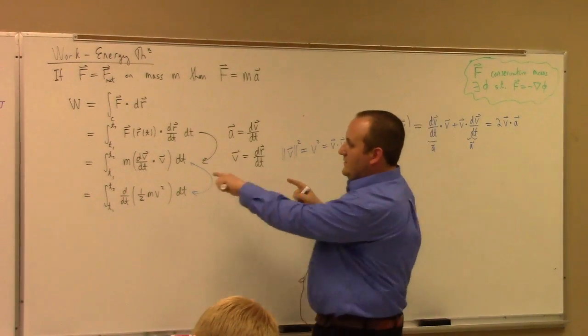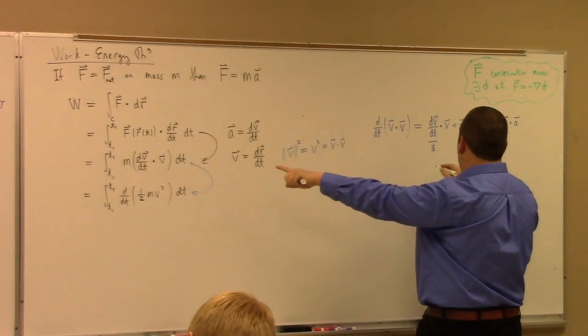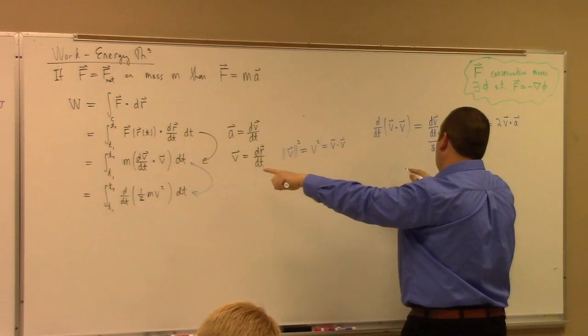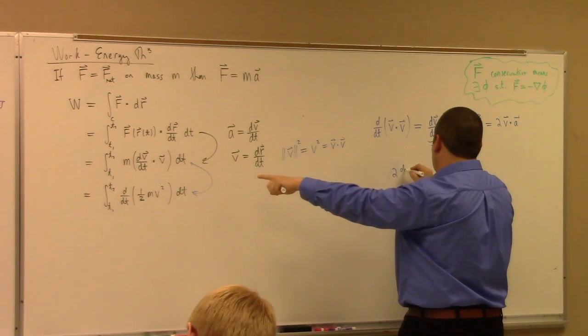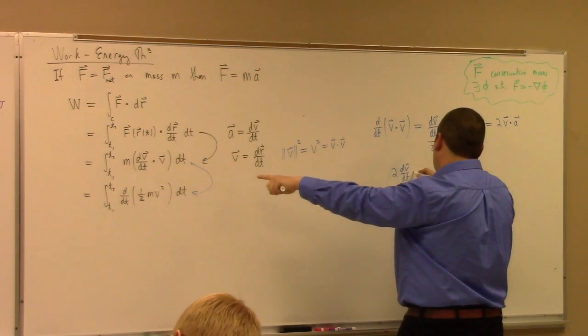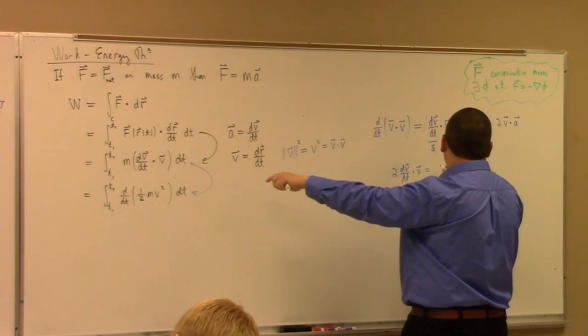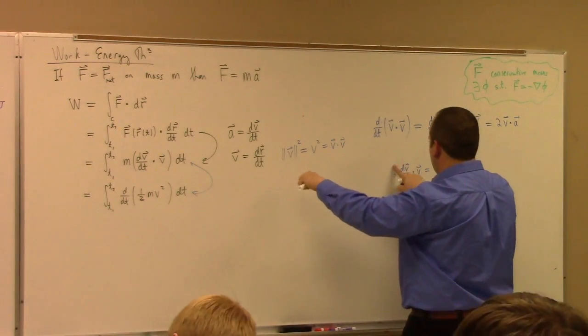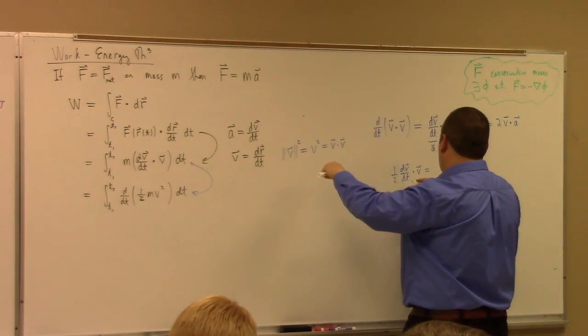So you see, I can trade then, or in other words, I've got 2 times v dot dv/dt is equal to, well, if I divide the 2 to the other side, I get 1/2.